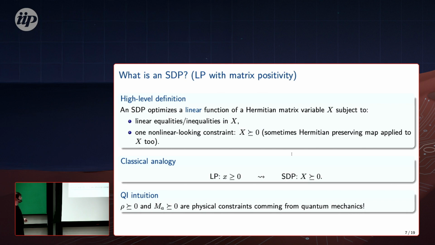And again, why would you expect that this is relevant for quantum information applications? Well, our favorite objects in quantum information usually come with these constraints, right? Density matrices need to be positive, POVMs need to be positive. So it's natural that constraints like positivity arise all the time in quantum information applications.